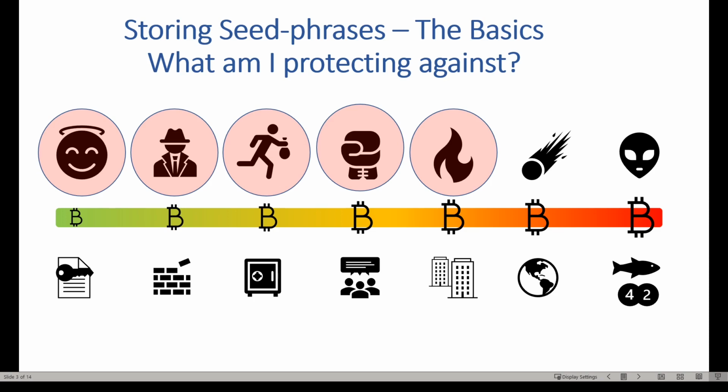Alright, so what we've got up on screen here is what I call the security spectrum, and it's a bit of a range where we're looking at what's the minimum we should be doing to protect our seed phrases and what are we protecting against, all the way up to let's get extreme, let's protect against everything we can and make sure our funds are as safe as possible and we're protecting against as many types of failures or attacks as possible.